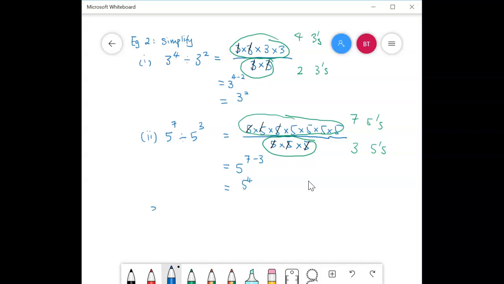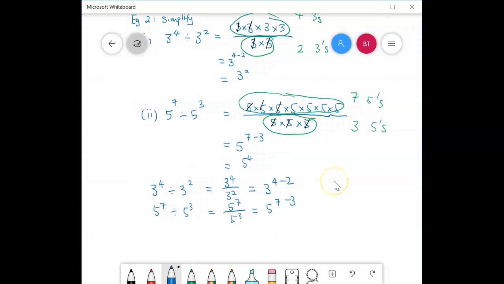So 3 to the power of 4 divided by 3 to the power of 2 simply gave us 3 to the power of 4 over 3 to the power of 2, which is 3 to the power of 4 minus 2. Similarly, 5 to the power of 7 divided by 5 to the power of 3 gave us 5 to the power of 7 divided by 5 to the power of 3, which gave us 5 to the power of 7 minus 3.